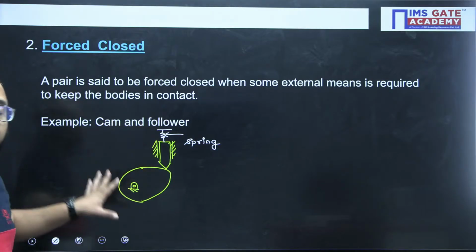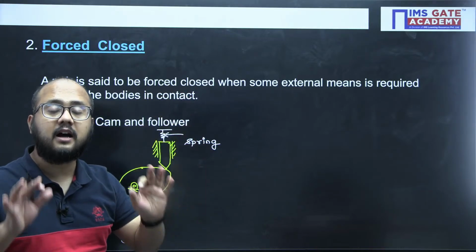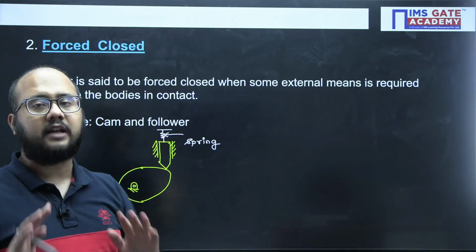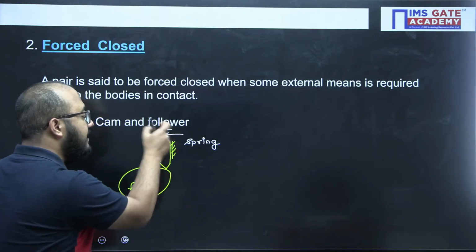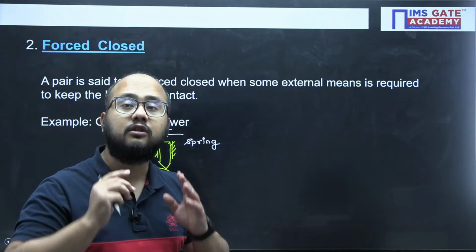So this is an example of a force closed pair. Please remember, force closed pairs are those where external means is required to maintain contact. If that external means is not there, then contact between these links is not possible.